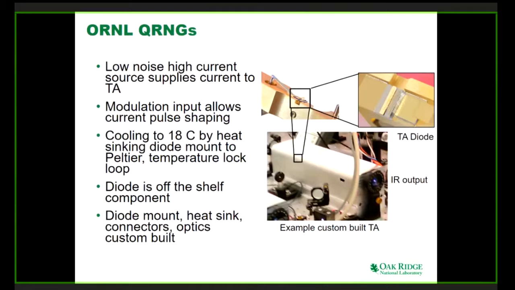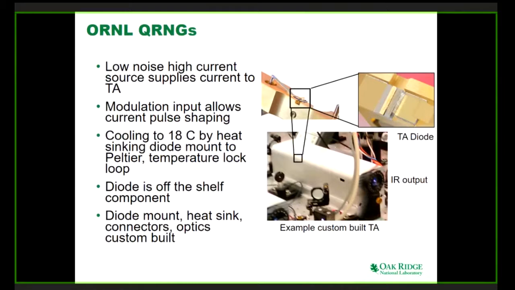Right now, we cool it to 18 Celsius, but you don't have to. You can just operate it at room temperature without all that stuff so that you can then integrate this onto a chip. This is just a piece of silicon, so it's pretty compatible with that. It does take a little bit of current, so these little wires here send all the current to it. But again, when you're operating it in this mode where we're operating it, which is not where a device like this is typically operated, it's spontaneous emission.